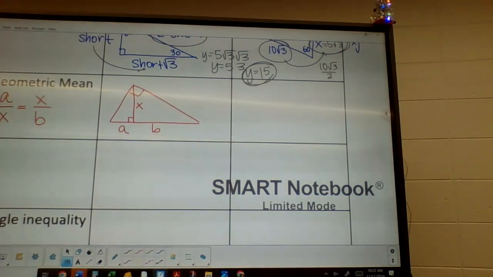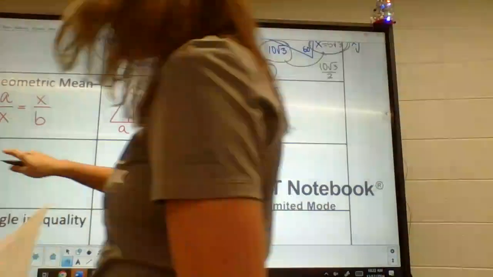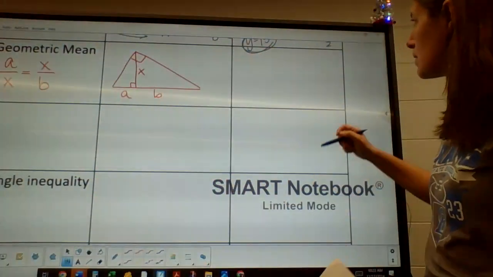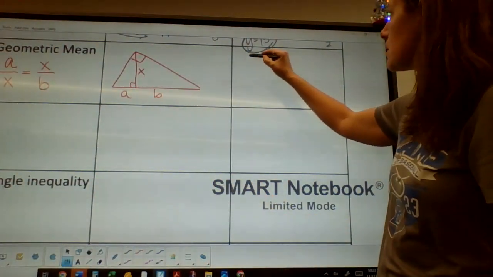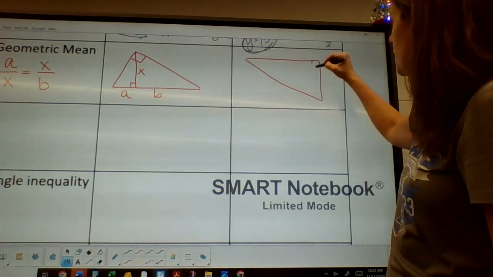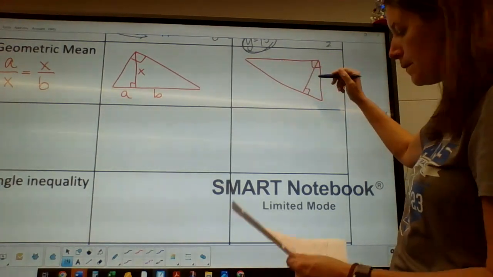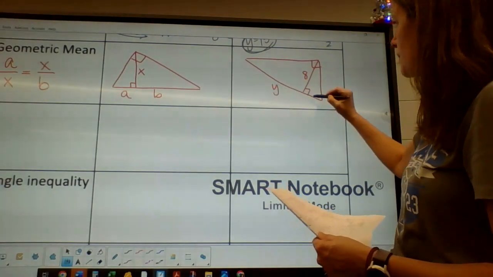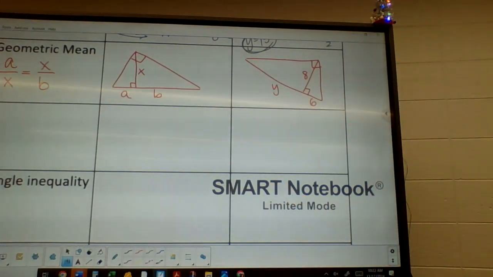So I'm going to show you guys one like that, and then we can decide if we want another example. So let's see. This one's a little bit different: I'm not looking for the x, I'm going to look for y in this one.